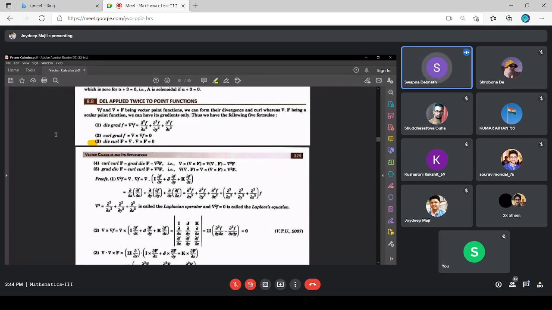0 means, what does it mean? Is that a scalar quantity or a vector quantity? Tell me. The right hand side is 0. What is the left hand side? Is that a vector quantity or a scalar quantity?